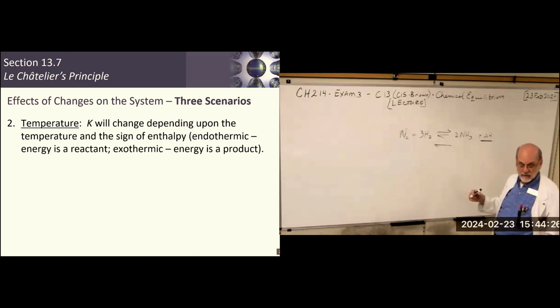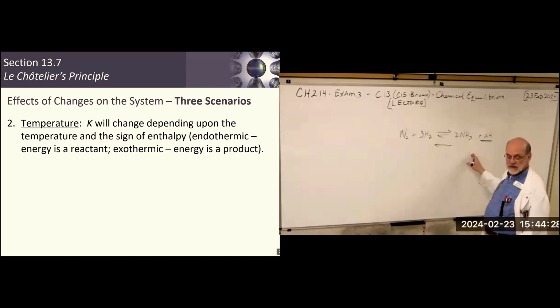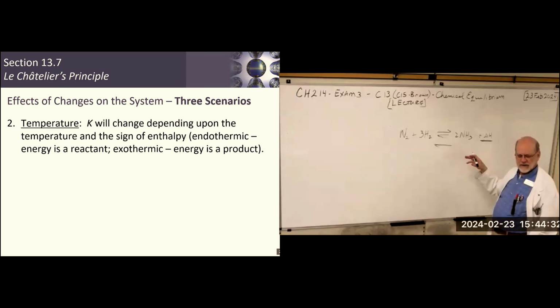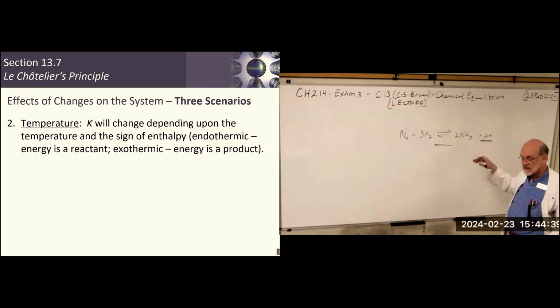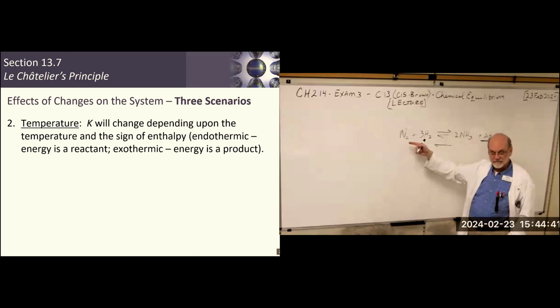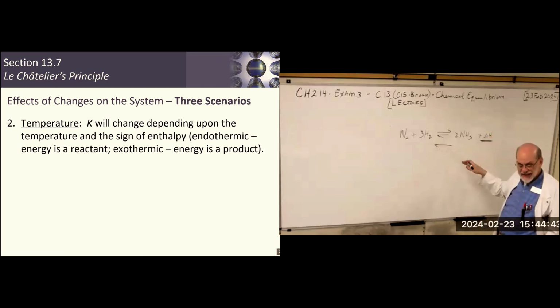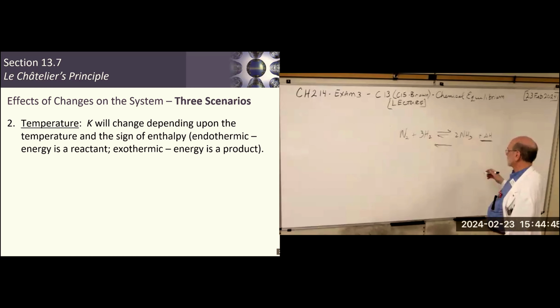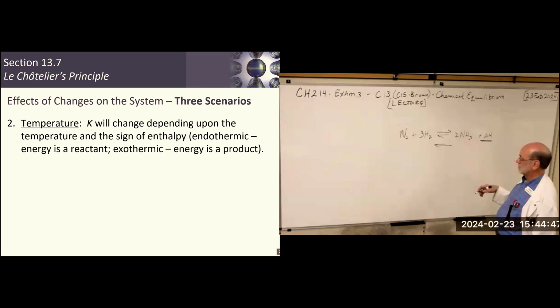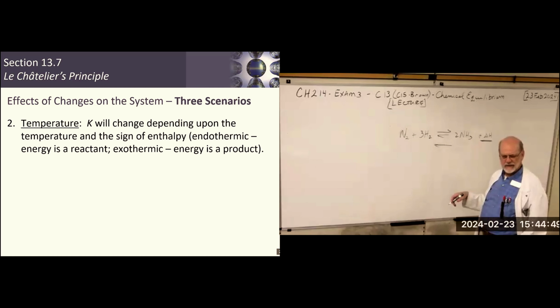So that was Haber's problem. He increased the temperature. Remember, we had the 10 to the 4th K for this reaction at a low temperature. He increased the temperature, it completely shifted it that direction. He changed the K.